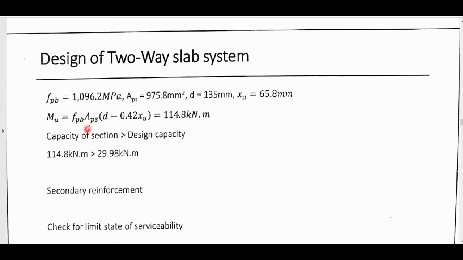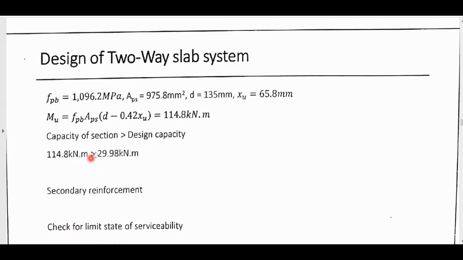Substituting these values in the formula of MU, the moment capacity or flexural capacity, we obtain 114.8 kilonewton meter. If we compare this with the MUX value of 29.98 kilonewton meter, it is very small as compared to the resisting moment.